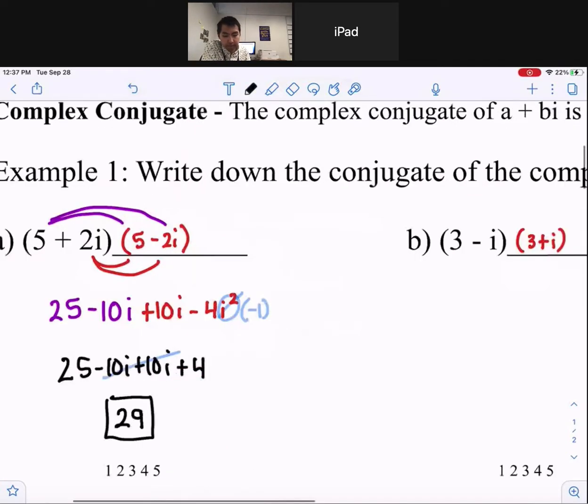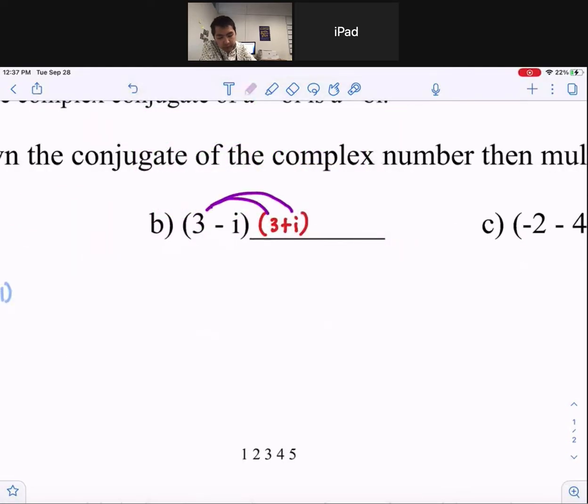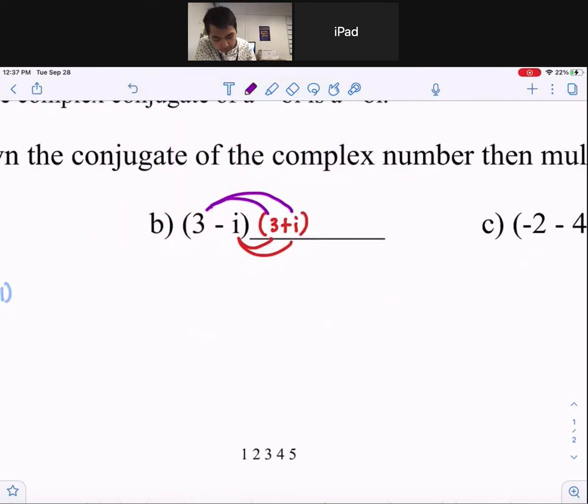Okay, let's do B. Again, we distribute both of these. 3 times 3 is 9. 3 times i is 3i. Negative i times 3 is negative 3i.